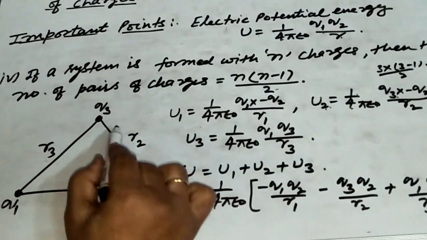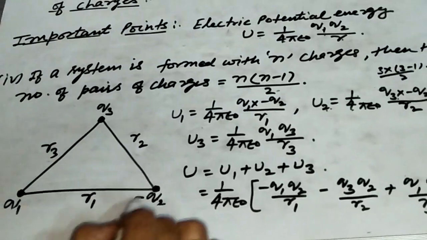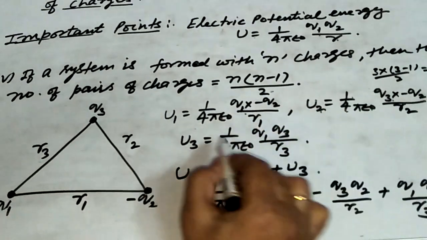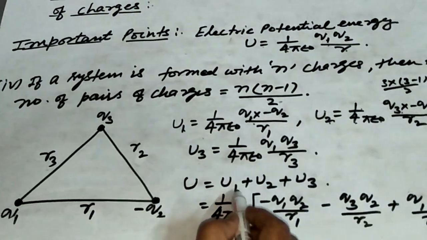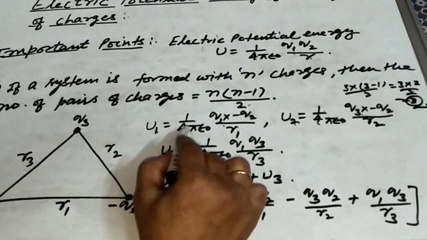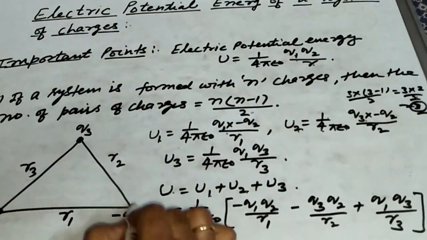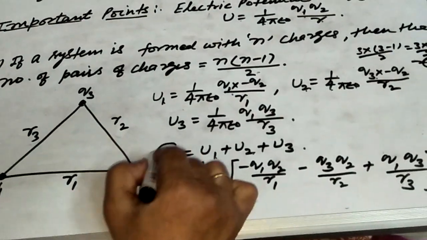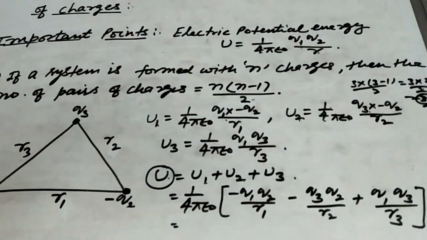To find the total potential energy of the system of charges, we add U1, U2 and U3 algebraically. Simply, we add the individual potential energy of each pair, and finally we get the potential energy of the system of charges.